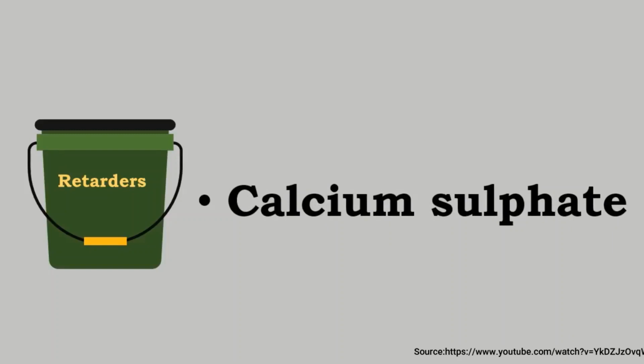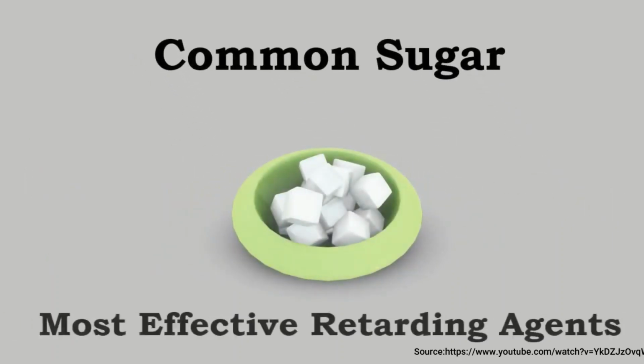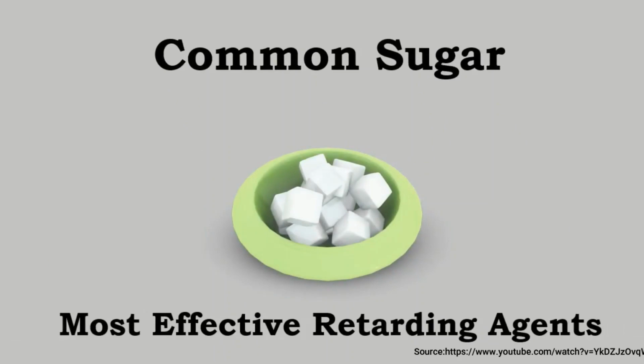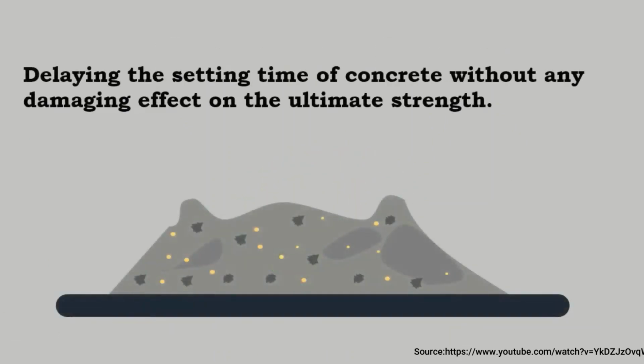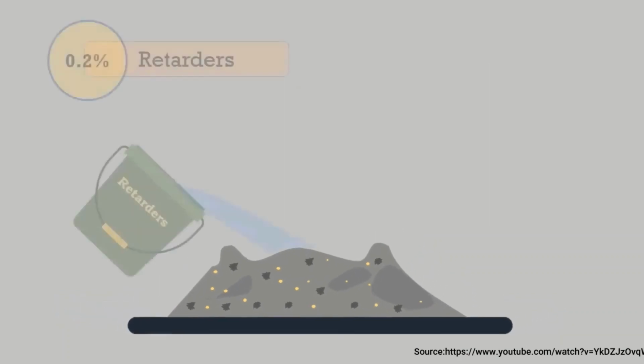The most frequently used retarder is calcium sulfate. Common sugar is also a very effective retarding agent. It delays the setting time of concrete without any damaging effect on the ultimate strength.